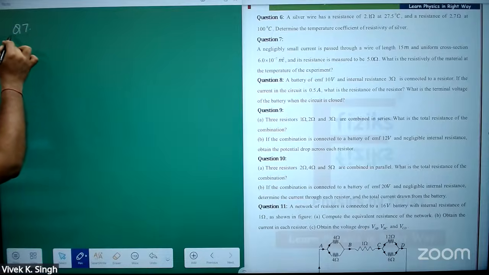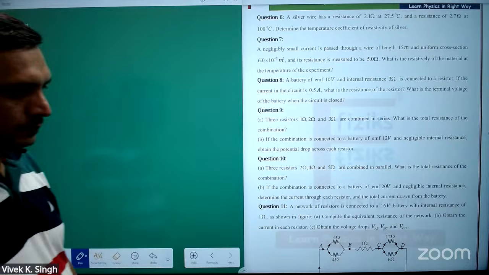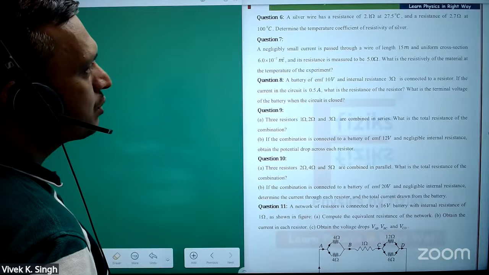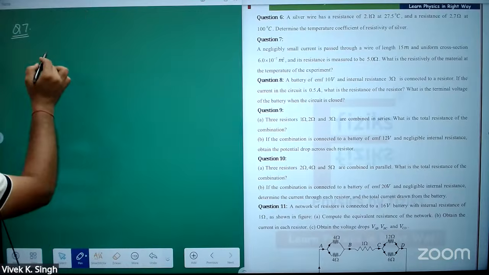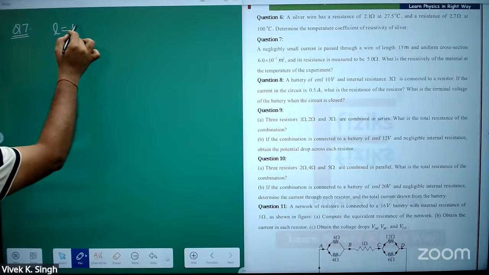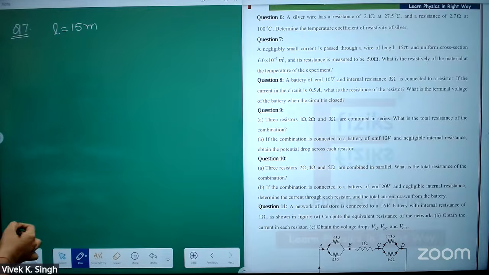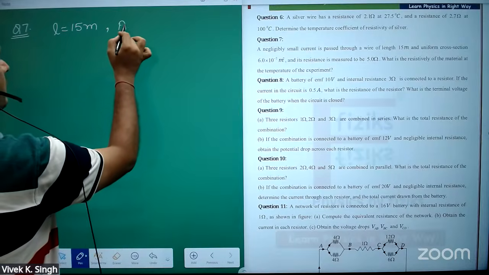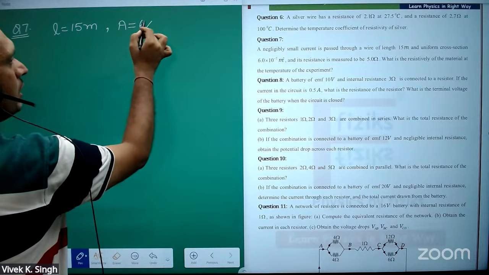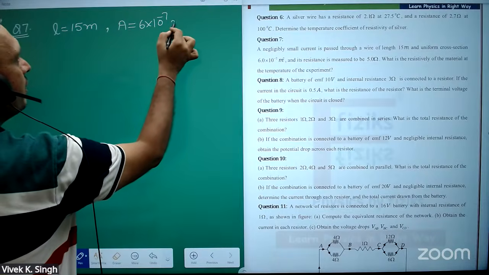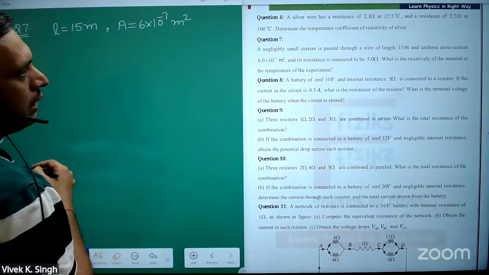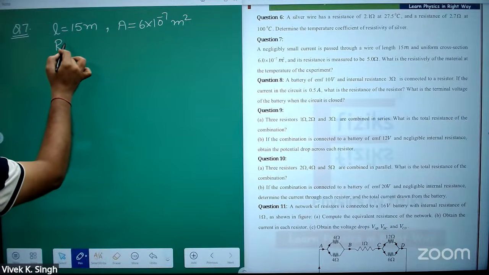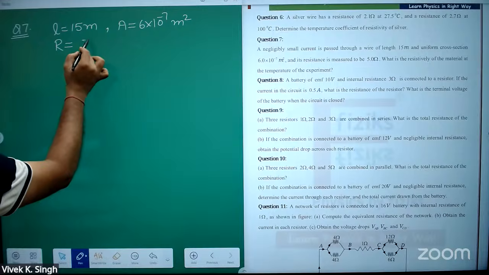Question number 7. A negligibly small current is passed through a wire of length 15 meter. Uniform cross-sectional area A is 6 into 10 to power minus 7 meter square, and its resistance R is 5 ohms.